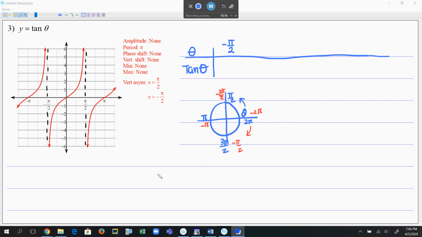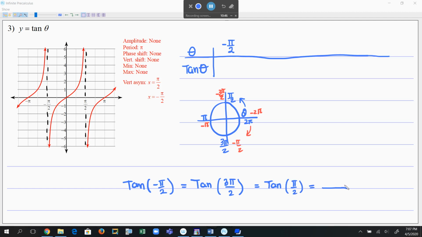We say that tangent of negative pi over 2 is the same as tangent of the positive coterminal angle 3 pi over 2. And if we use our hand trick, it will be the same thing as tangent of the reference angle pi over 2, tangent of pi over 2.